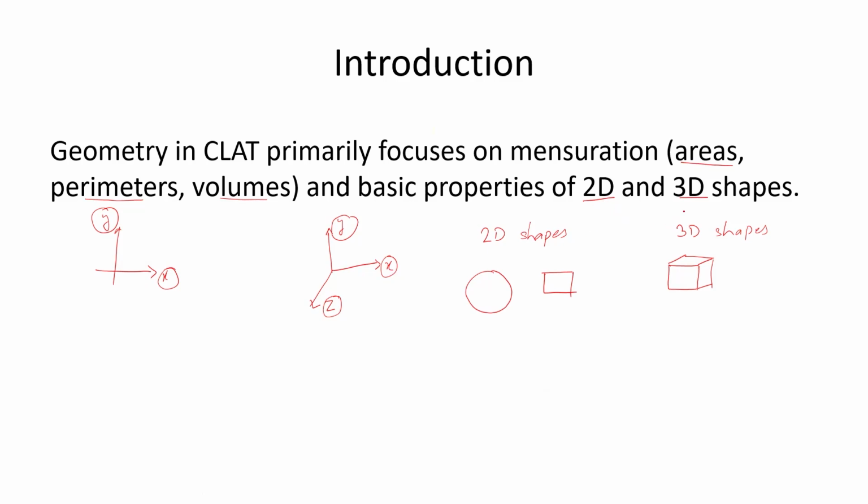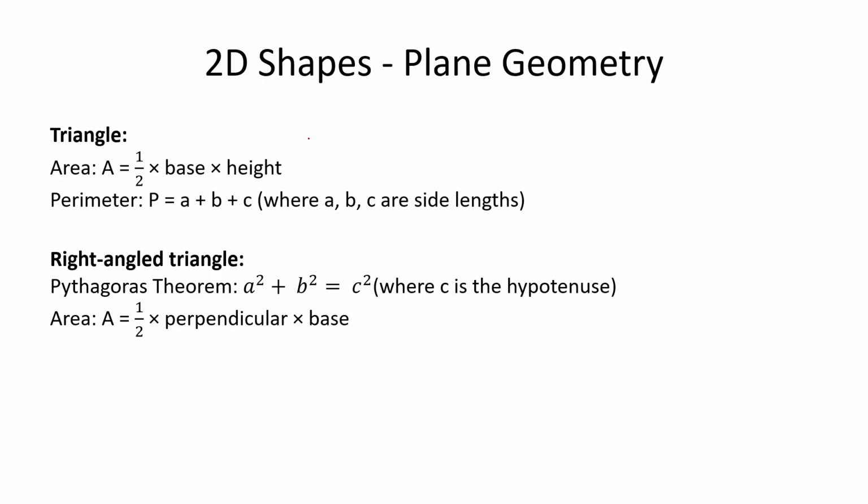Similarly, after that we will start 3D shapes, and certain problems we will be doing. So 2D shapes. 2D shapes come under plane geometry because these shapes you can draw on a paper.